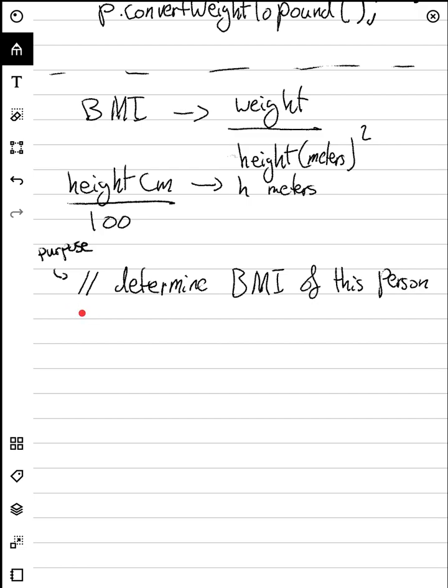Your input and output is called your signature. So what's going to be our input and what's going to be our output? Our output is going to be a double, I think. Yes, exactly, because that's going to be our BMI. It's going to be like, let's say 20.3.